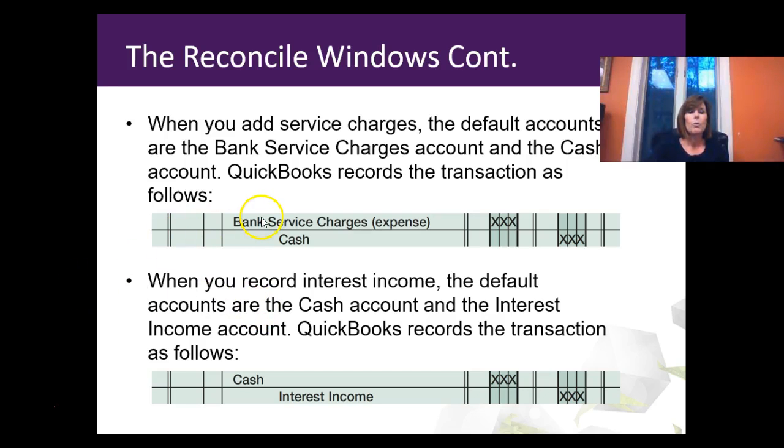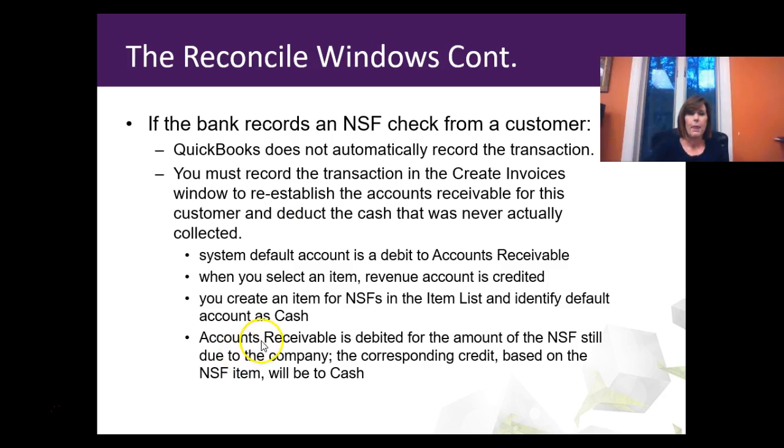QuickBooks has, these are not transactions that you'll have to enter, but this is the net effect of what those entries will be. When you enter a bank service charge, it will debit bank service charge expense, and it will credit the cash. When there's interest, cash is debited and interest income is credited.